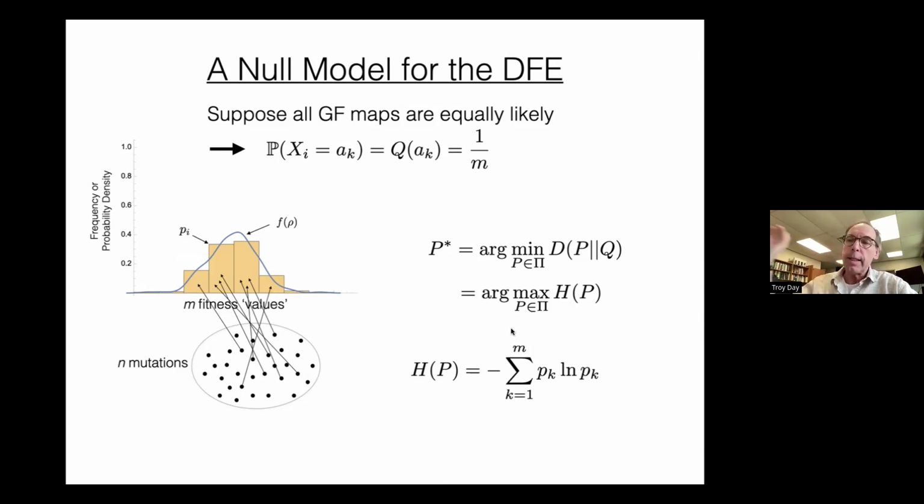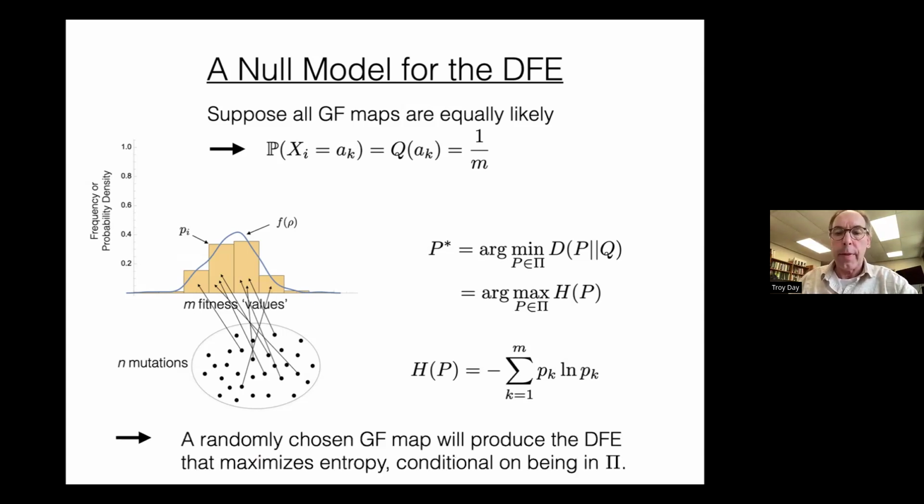If I'm choosing a fitness map completely randomly, subject to producing a DFE that lies in a particular subset, it will almost certainly be the one that maximizes the entropy of all possibilities in that subset. That's the result I'm going to use now to actually compare with data.